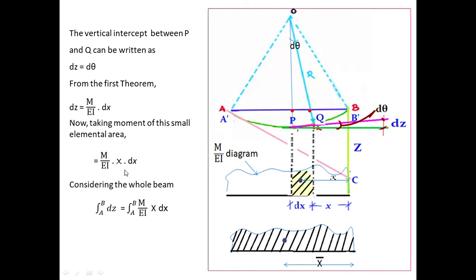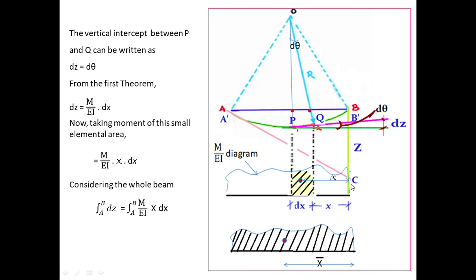Now taking moment for this area. This is the moment diagram, that is the M by EI diagram. We are considering these 2 points, and for these 2 points, this is the area. If we take the moment for this area, what is that? This area into the perpendicular distance, considering this vertical line as the reference line.